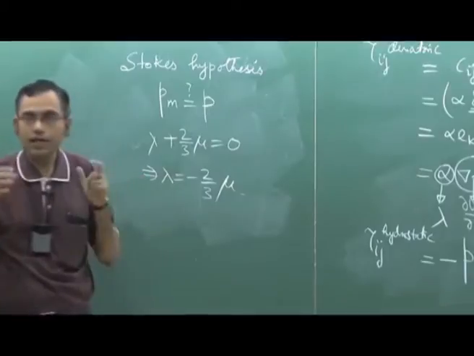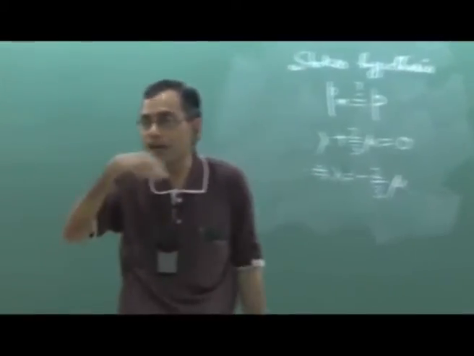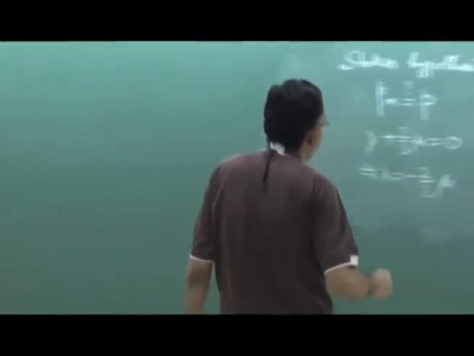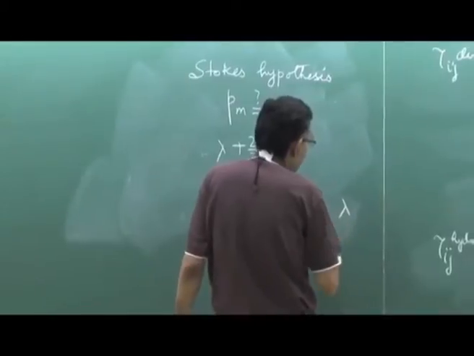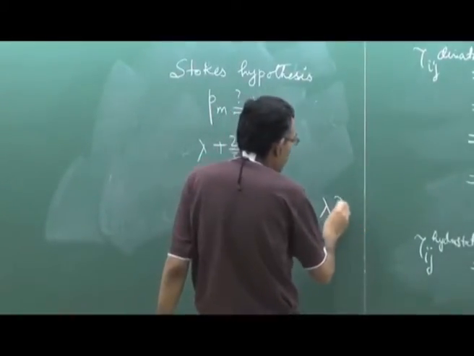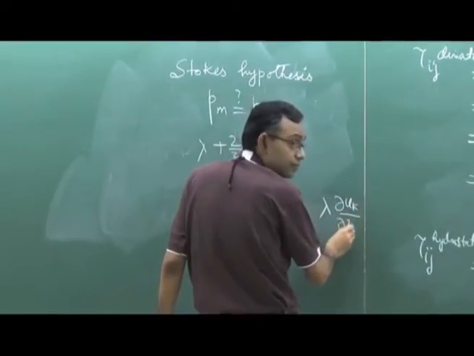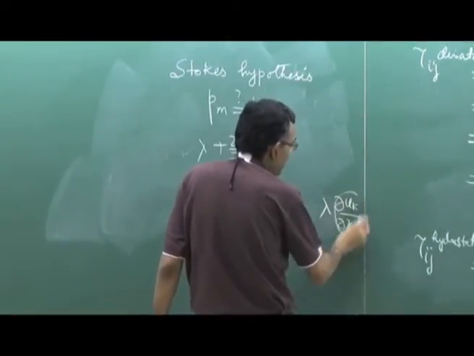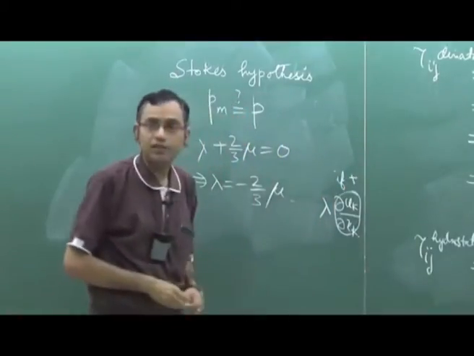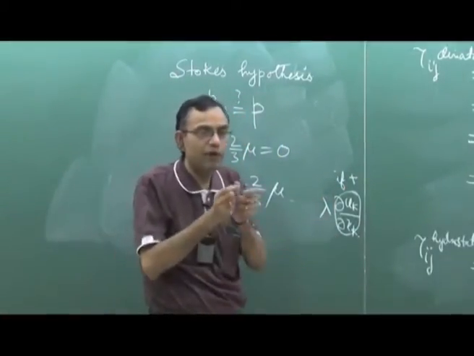So, what does it mean? What is the physical interpretation of negative lambda? It means that if there is a fluid, see, the stress due to the component associated with lambda is lambda del u_k del x_k. If this is positive, that means the volume is expanding.